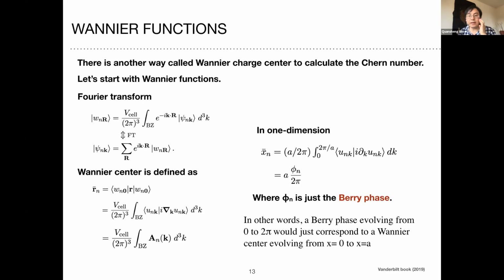In the one-dimension case, this integration is just one, so the Wannier center is just the Berry phase over 2 pi times the lattice constant A. In other words, a Berry phase evolving from 0 to 2 pi corresponds to a Wannier center evolving from X to A. This is very important for the next slides.